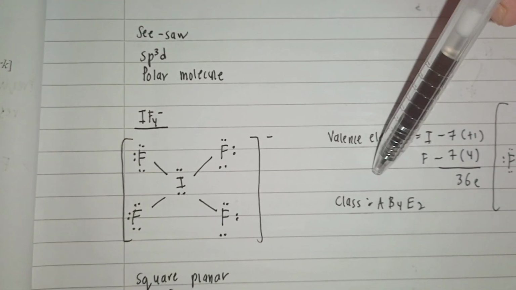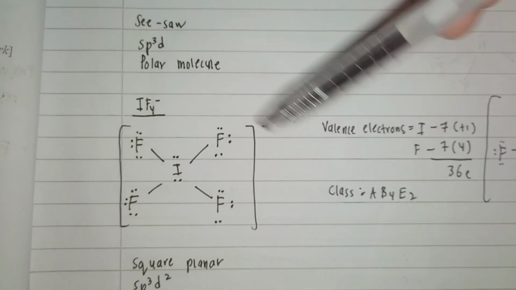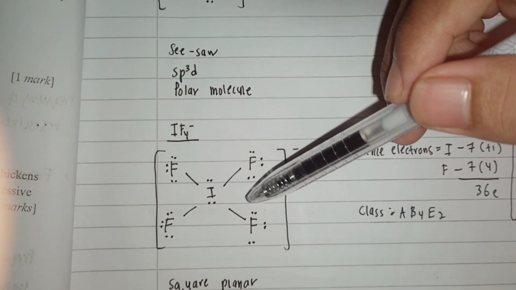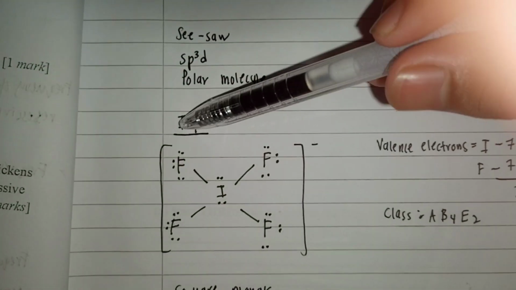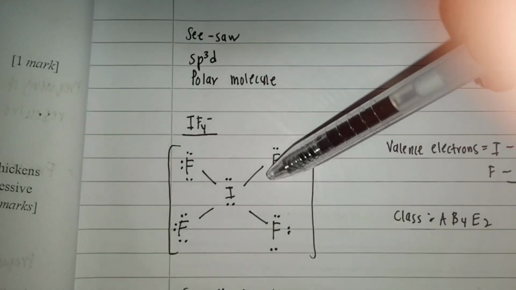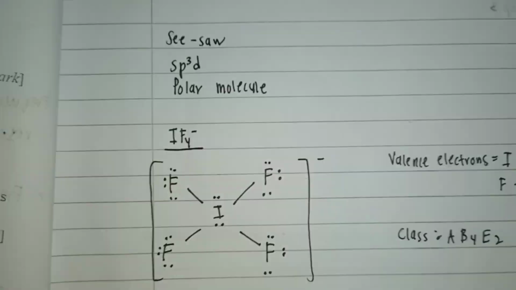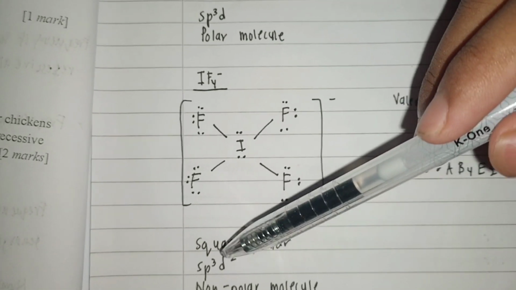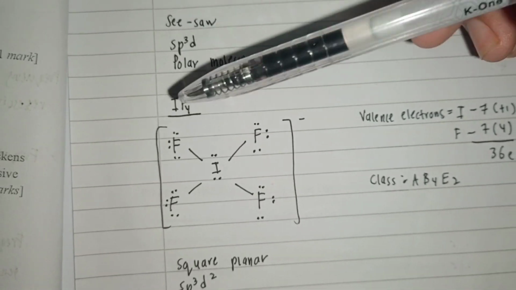From the class we can draw the molecular shape, which is square planar, like this shape, with the branches like here. And don't forget to draw the minus bracket out here. Then we need to predict the type of hybridization based on our electron pairs.